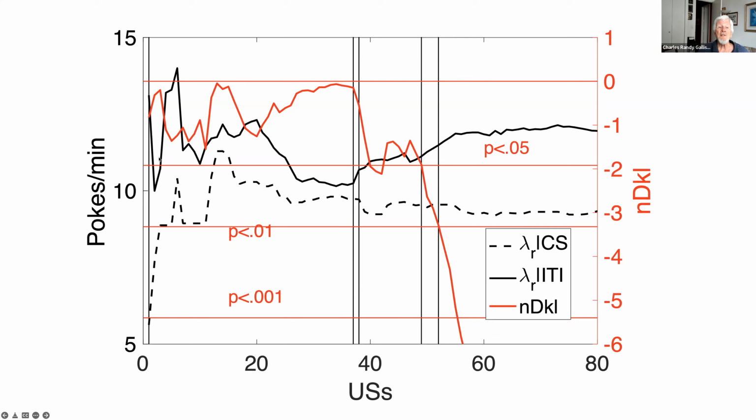And you see that this rat started out pressing, unlike the previous rat, this rat started out poking, I should say, more rapidly during the ITI than it did during the CS. And that never changed. It was always less. But it wasn't significantly less.